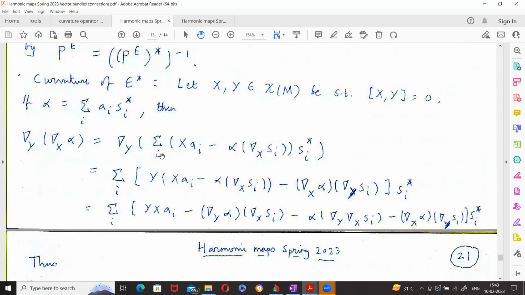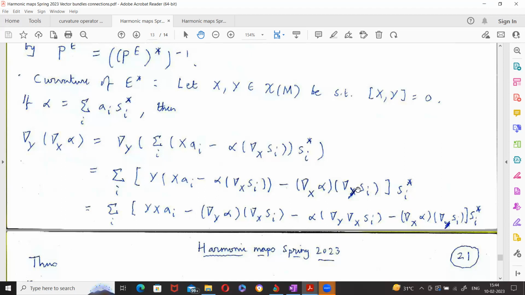Now applying nabla y to this, again by definition of the dual connection, I take the sum over i of y applied to each coefficient, x a_i minus alpha of nabla x s_i, minus, now instead of alpha I take this section of the dual bundle, which is nabla x alpha, and I apply that to nabla y of s_i.